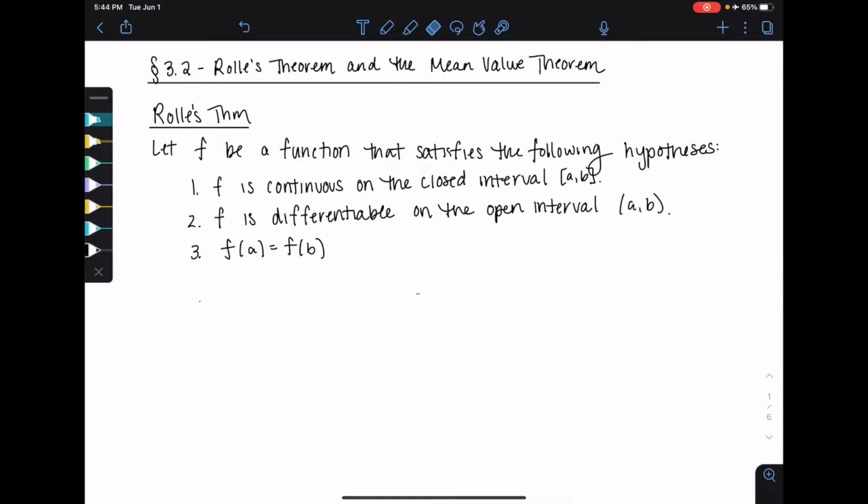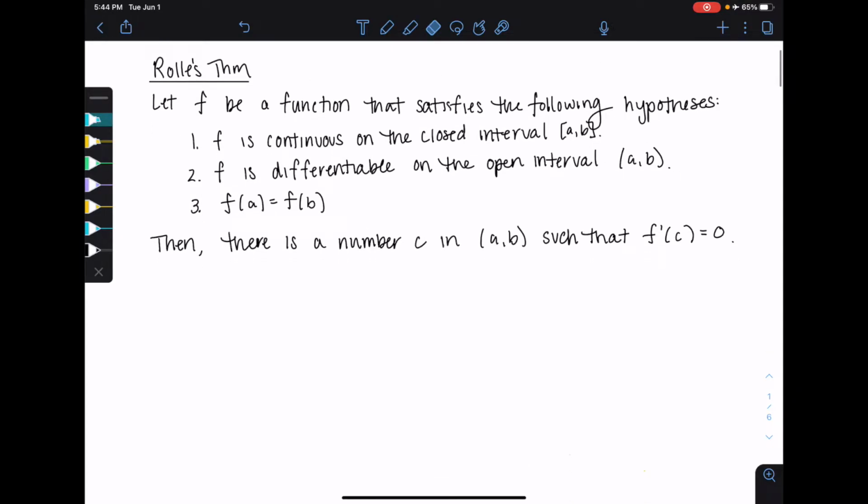If you can guarantee all of these things happen, Rolle's theorem then tells you there's a number c inside our interval so that the derivative evaluated at c is equal to 0. Pictorially, this will be a little bit easier to explain. If I look here, I've got these two y values. At a and b, the y values are exactly the same.